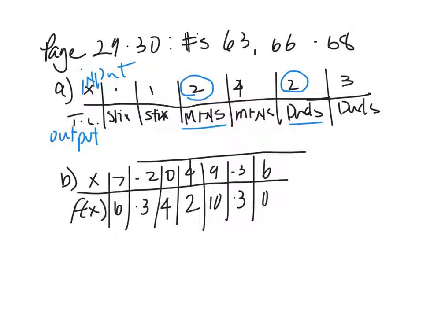All right, as we look at our inputs, do we have unique outputs for each and every input? Up here we had 2 give us 2 different things. 7 gives us 6, -2 gives us -3, 0 gives us 4, 4 gives us 2, 9 gives us 10, -3 gives us -3, 6 gives us 0. In no instance do we get anything but a unique output for unique input, so as far as we can tell, from what the information they've given us, this is a function.